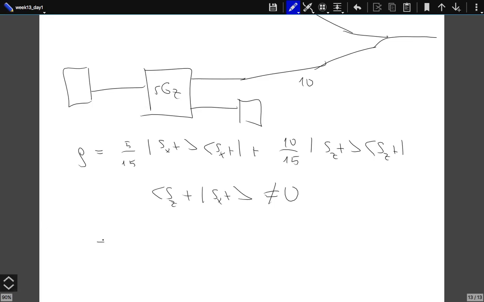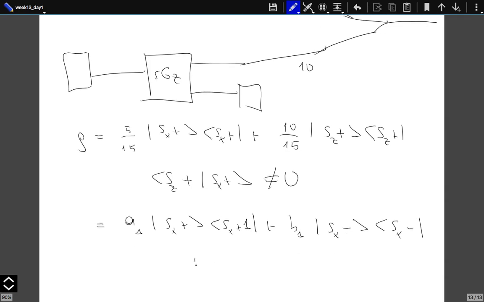Well, I can write this as, let's say, A1 Sx plus plus B1 Sx plus Sx minus Sx minus. Just write Sz plus as plus C1 plus D1.